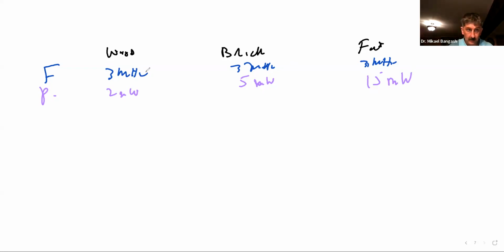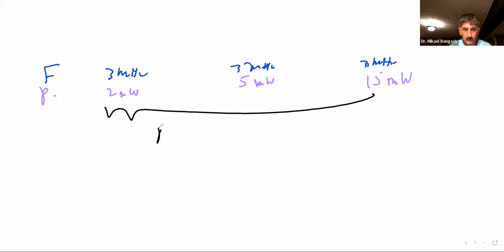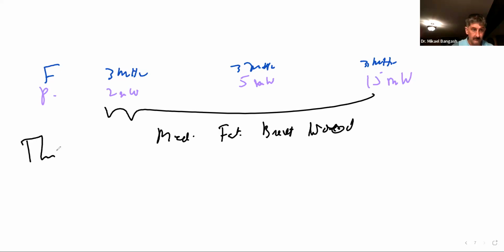So all waves, with this power and this frequency, travel through different media. The media we have are fat, brick, and wood, with identical thickness of 5 centimeters. So the thickness here is 5 centimeters.